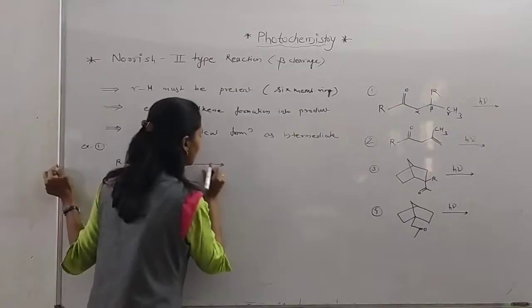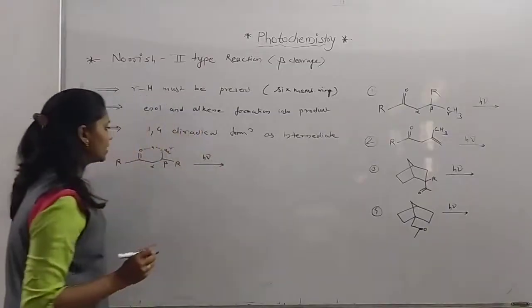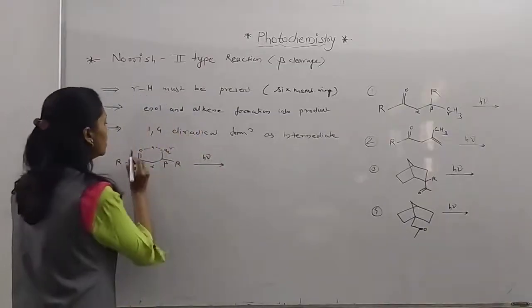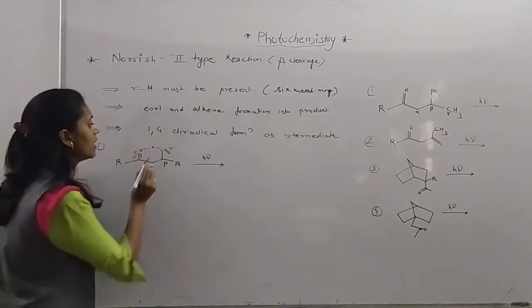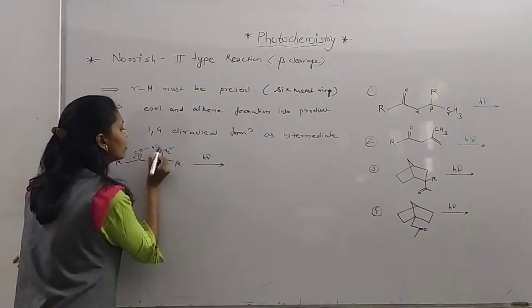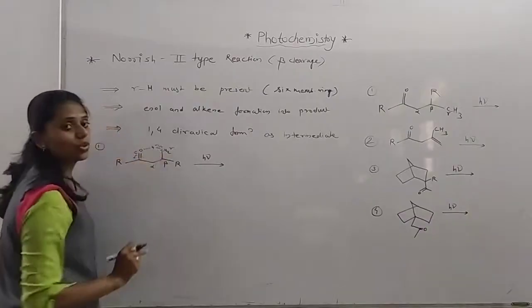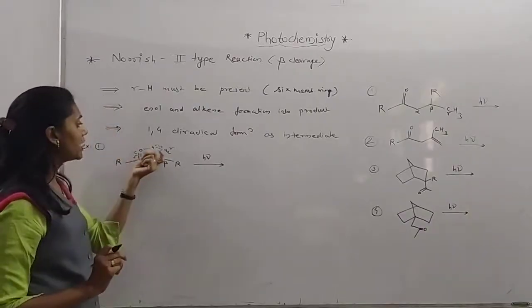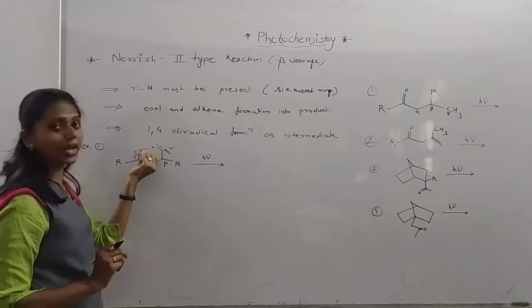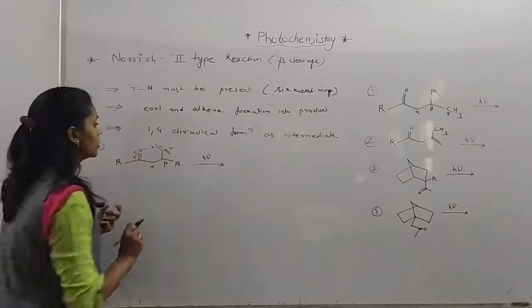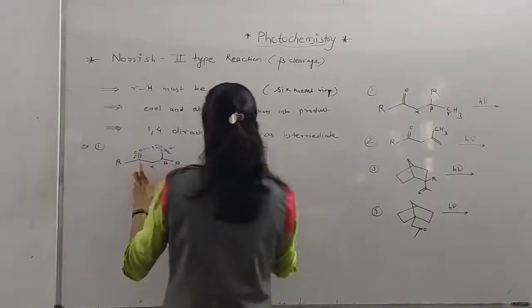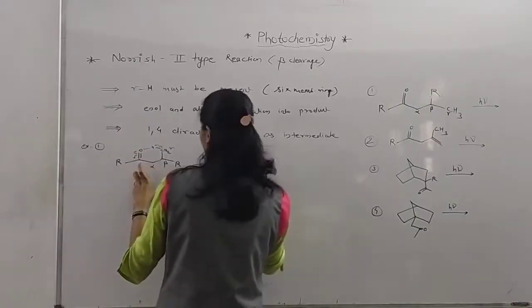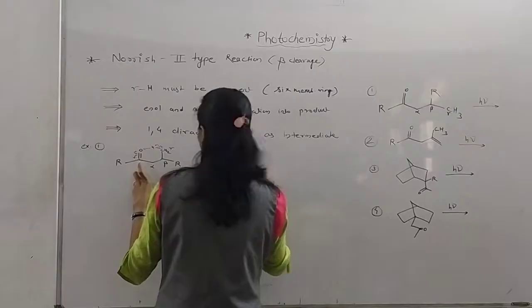Now what have we done? We performed the photochemical reaction here. The carbonyl bond breaks, and the carbon-hydrogen bond, that means the gamma hydrogen, breaks, and an O-H bond is formed. Since this bond is very weak, it breaks easily and radicals form like this.